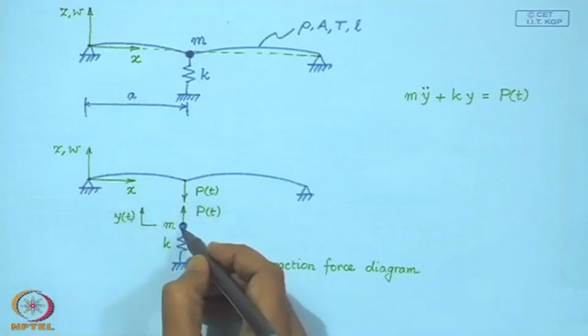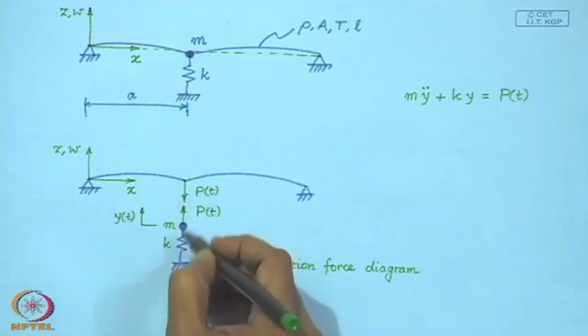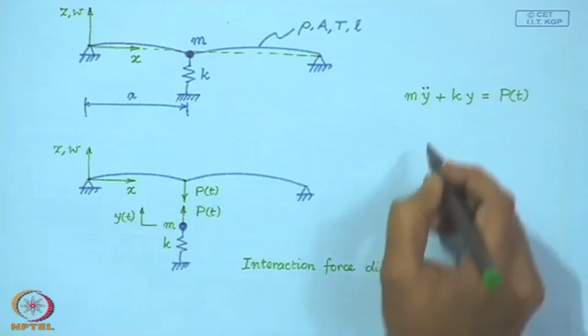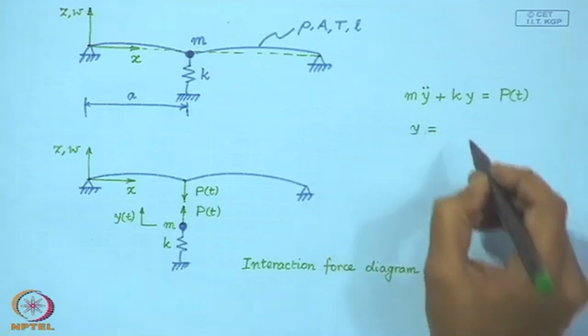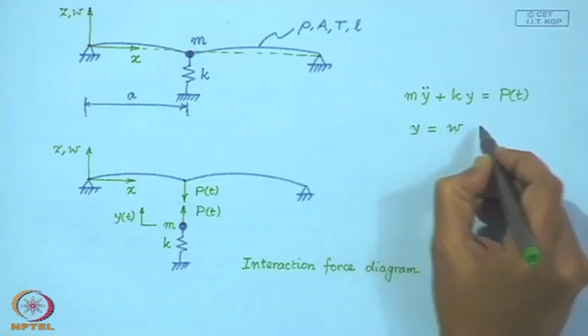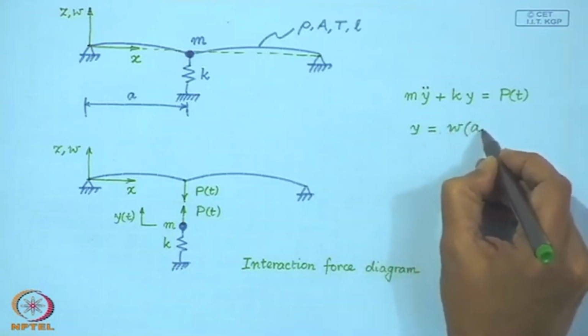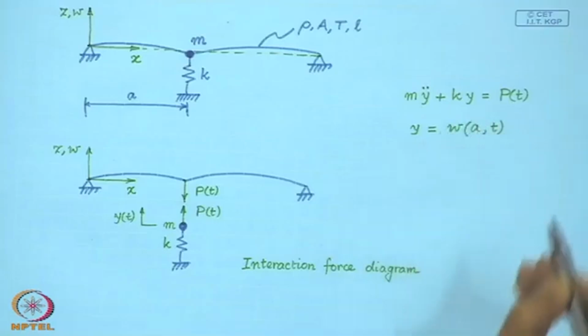Since the mass has to be coupled to the string, we have this y given by w at a at any time t.